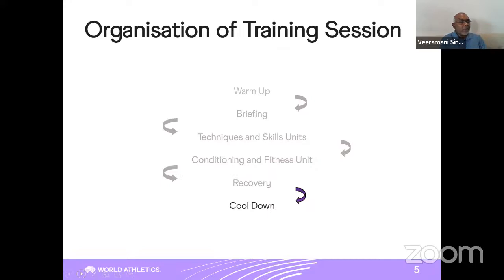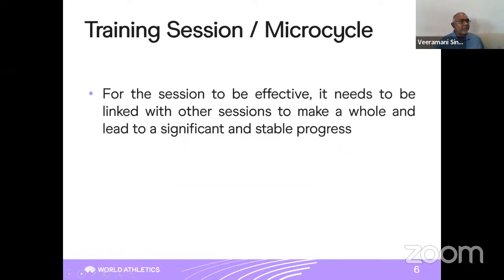So all this is important to cultivate as part of a good session, and to have a short debrief to let them know how the session went, what the athlete has achieved, and what they can look forward to the following day or the following session. And then with that, we end with cool down. So this is pretty much the organization of a training session.